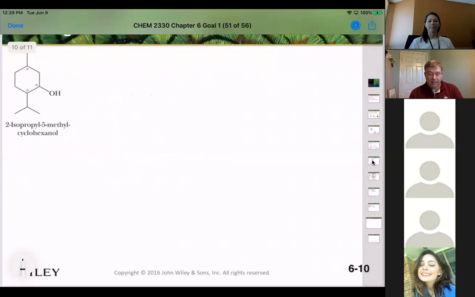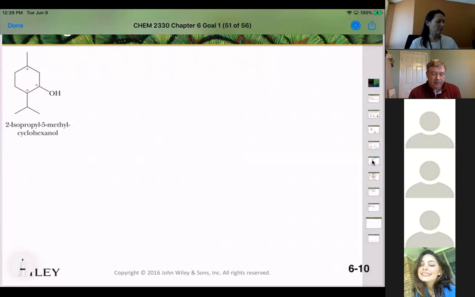Okay. And then on this one right here, the last thing about doing these chiral things that I really think a lot of people kind of gloss over is the fact that we only have to pay attention to a compound if it's chiral, if it has 4 different groups, okay?